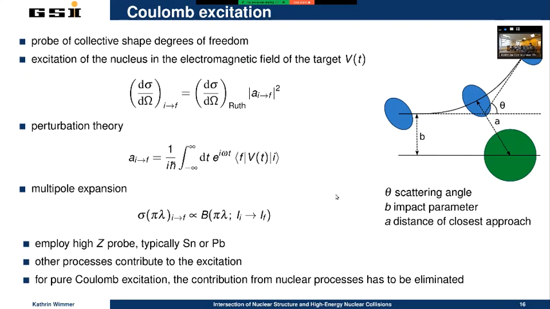So you have to either, by a clever experimental setup and cuts on scattering angle, eliminate the contribution from these nuclear processes, or you have to analyze them in combination so that you have the interference of nuclear and electromagnetic excitation. But it's a rather well-established method, and it gives you access to the BE2 value rather easily.